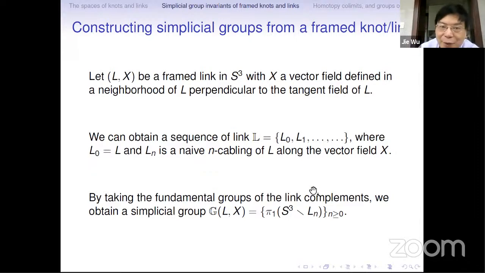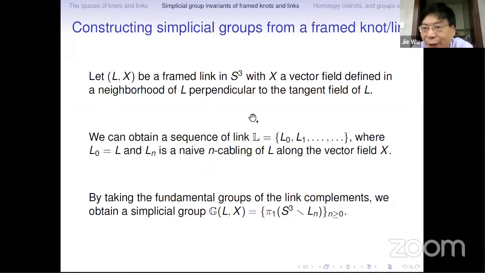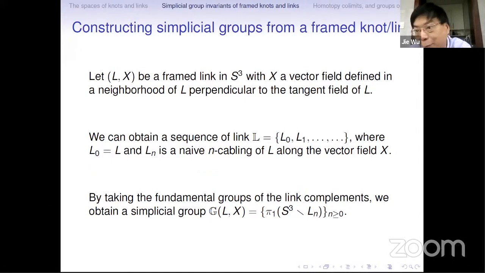So you look at here. One condition is that we need to put a frame on the knot, or in general a link, right? This machine works for links. If you want to look at a knot, you just look at it as a knot. So you need some kind of normal vector field as a frame to put on it.